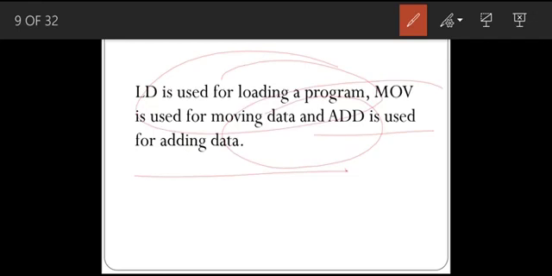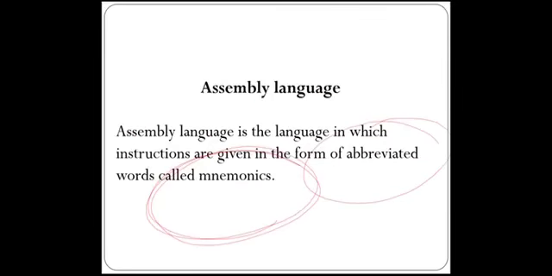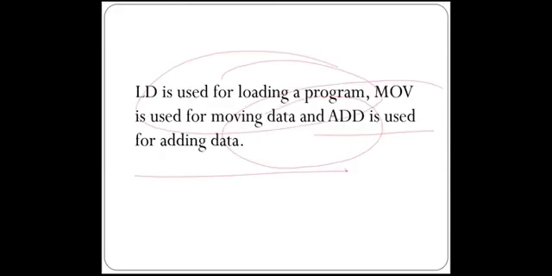It is easier to program in assembly language as compared to machine language. But just like machine language, it is also machine dependent. Similarly, if I write a program on my system, there is a possibility it will not run on another system.